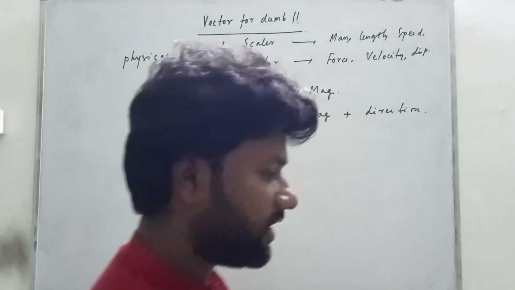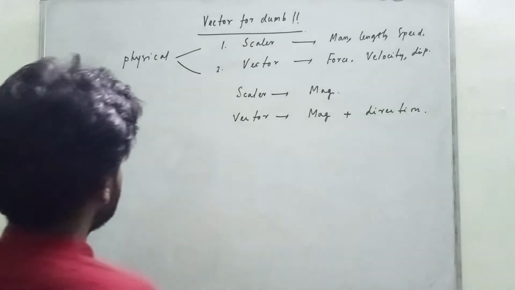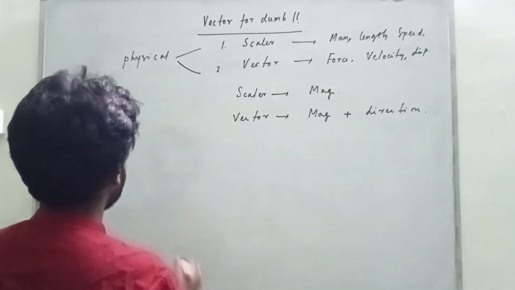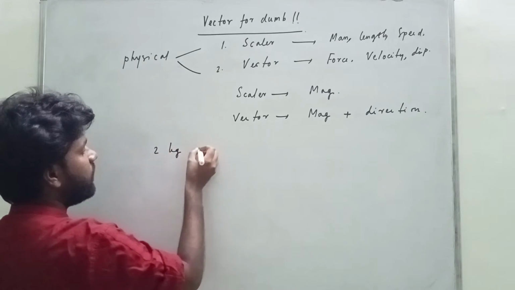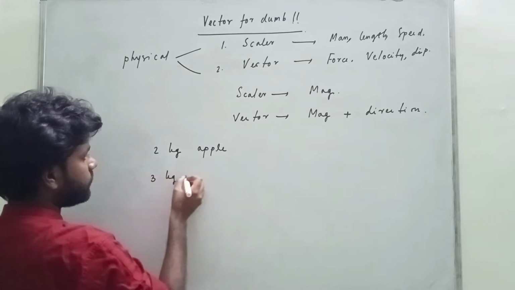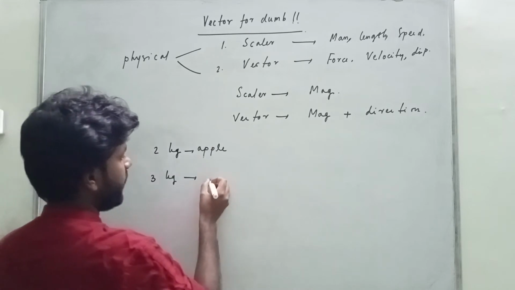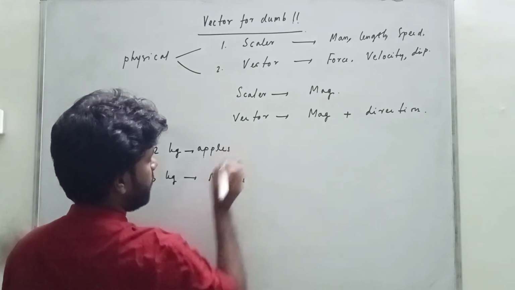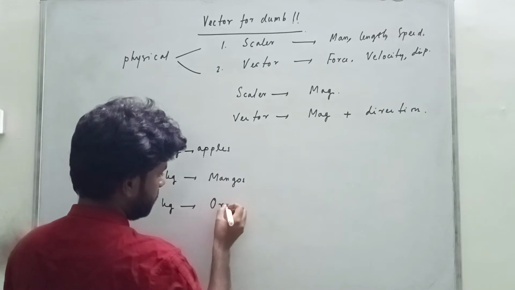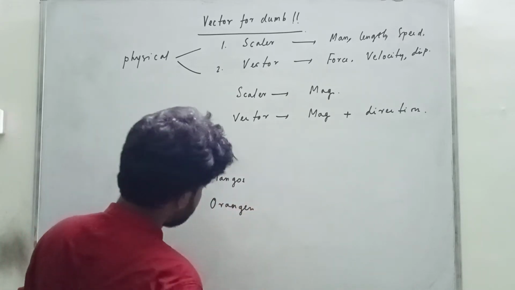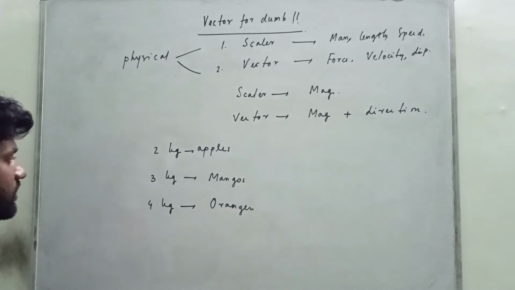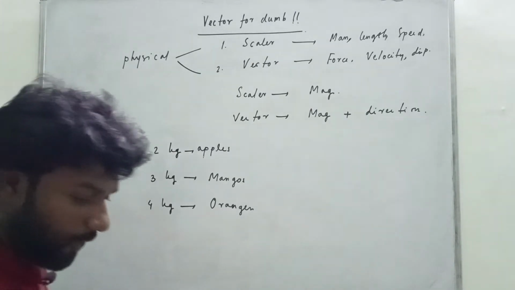Just as an example, consider that you bought some fruits: 2 kg apples, 3 kg mangoes, and 4 kg oranges, right?